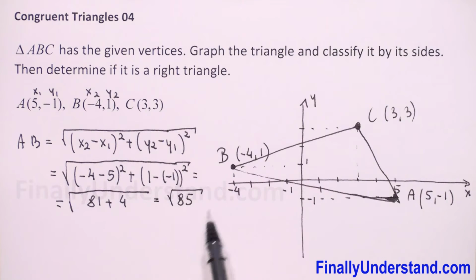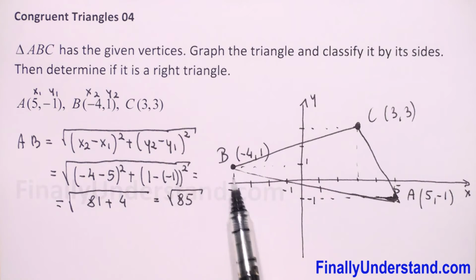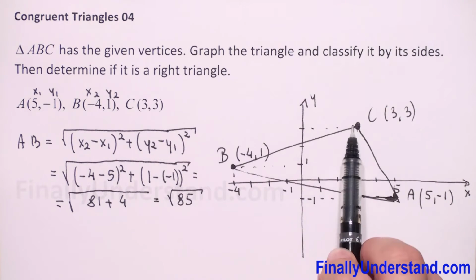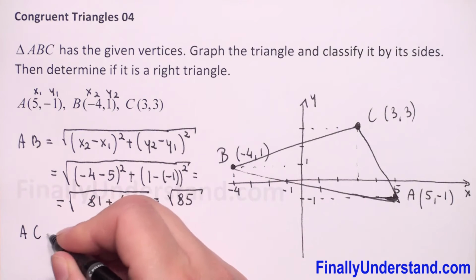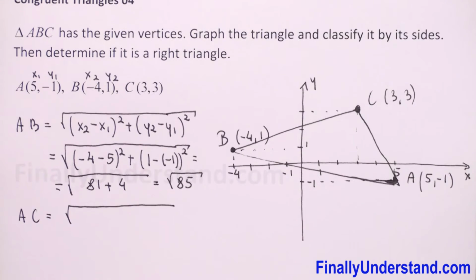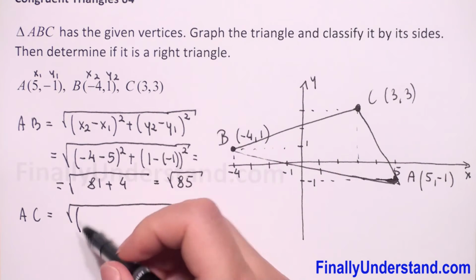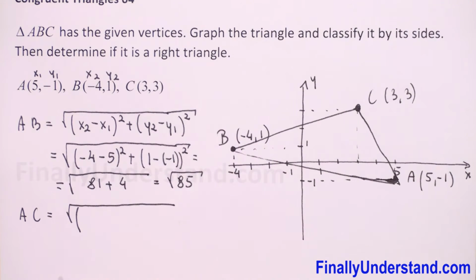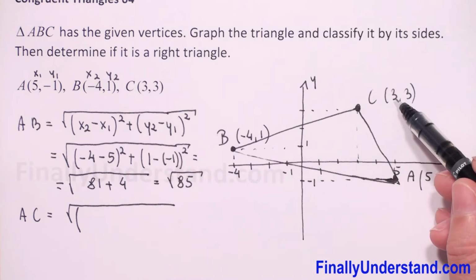Next, we can calculate this, or we can leave it like this, it doesn't matter. We have to check if we get the same numbers. Next, we will find the distance between points. We have AB, so now AC. This is equal to the square root of, and we will use the same formula. C is the last point, so we first subtract x coordinates.